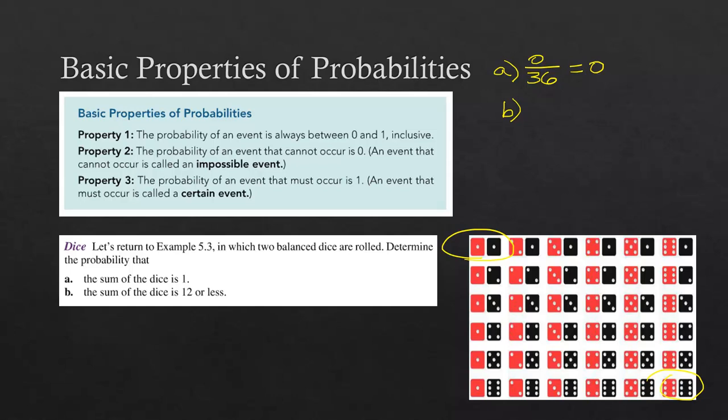So all the other ones are going to be less than 12. So this would be 36 out of 36, or 1, or as we said in terms of percentages, a 100% chance, which we would say is a certain event. It's going to happen. Okay, that's basically what that says.